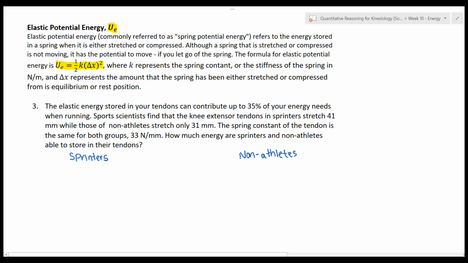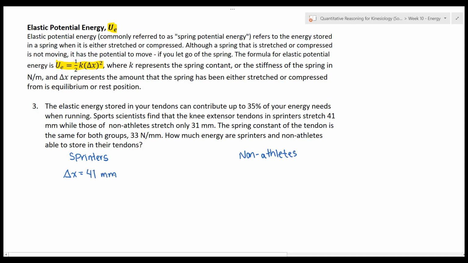So for a sprinter, we know that they can stretch their knee extensor tendons 41 millimeters. That's how much it's being stretched compared to the regular equilibrium or rest position of their tendon. We're treating their tendons like they're springs. So the delta X for the sprinter is 41 millimeters.